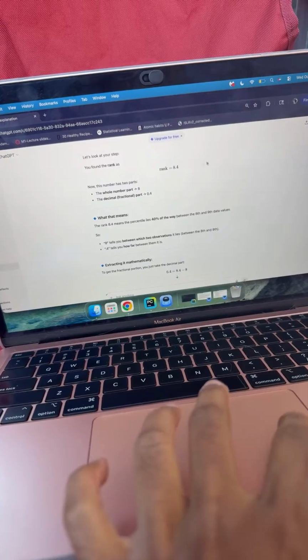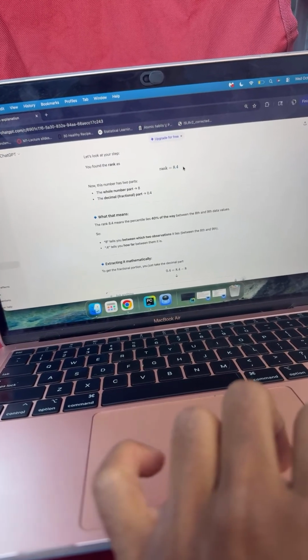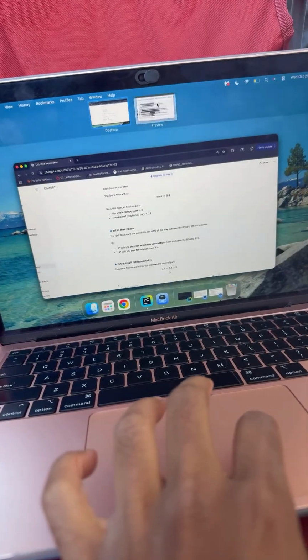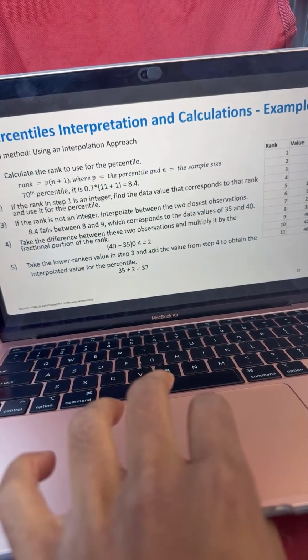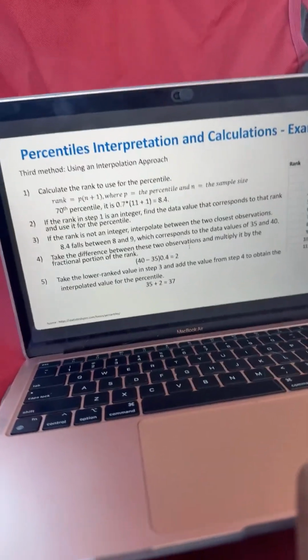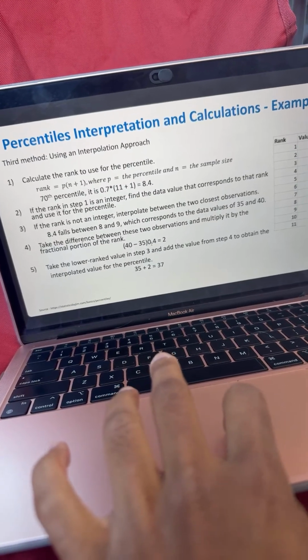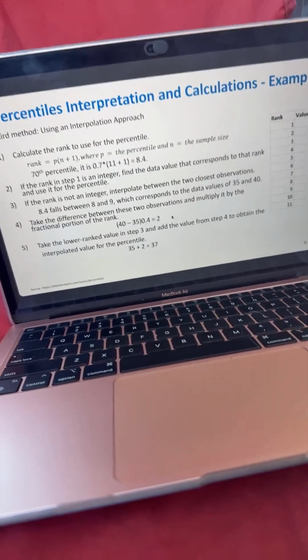Oh, okay, so this is the fractional part. Okay, I was multiplying 40 by 10 or something. So the fractional point is 0.4 here, and that's what you multiply by to get 2. Okay, I would not have guessed that.